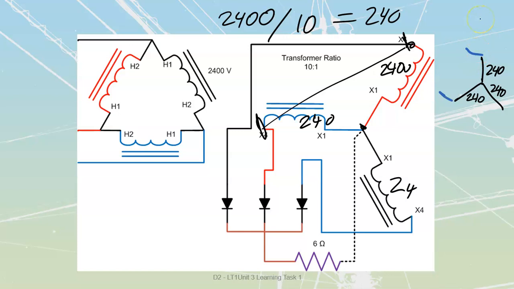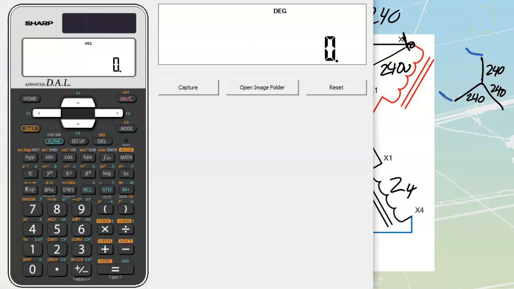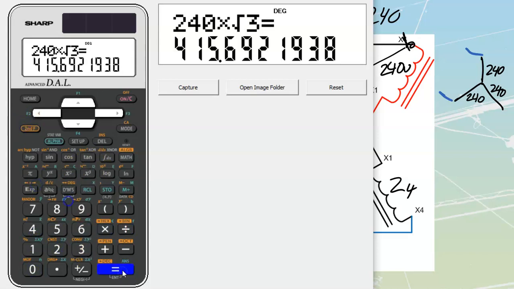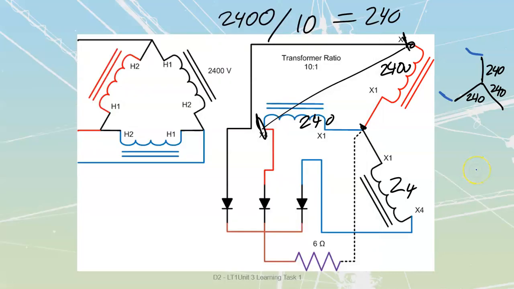So we're going to take 240, that's my phase value, times root 3. Okay? Gets me to 415.9. We commonly call this voltage 416. It's not a super common value of voltage, but it does happen occasionally out there. So this is now going to be a 416 line to line.